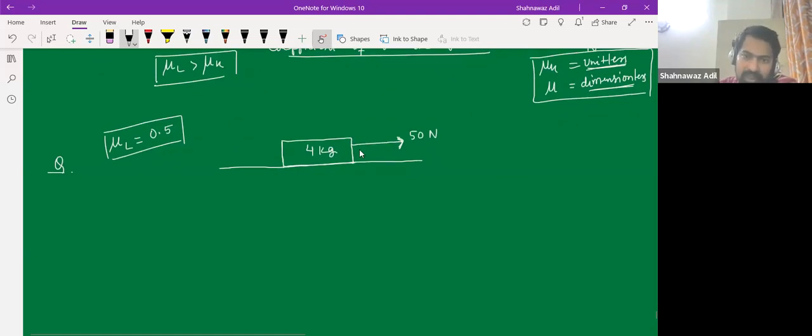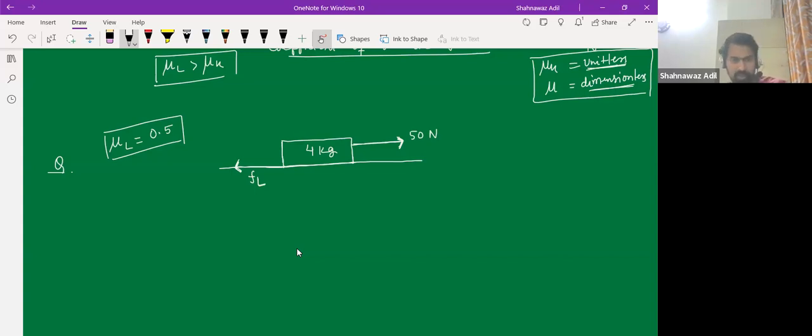So Akib is pulling this 4 kg object, and he is applying 50 Newton force. So this will experience a relative force in this direction. Let's say, what is the limiting friction? You guys calculate and tell me.